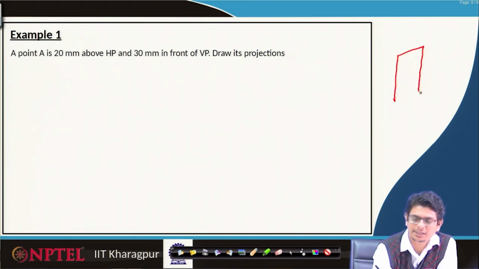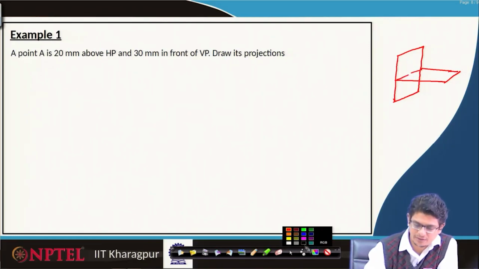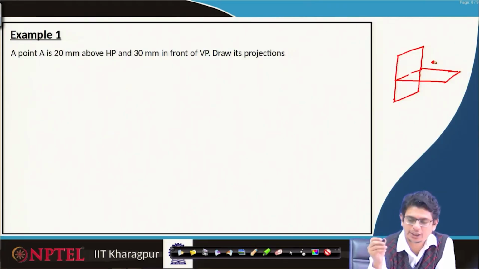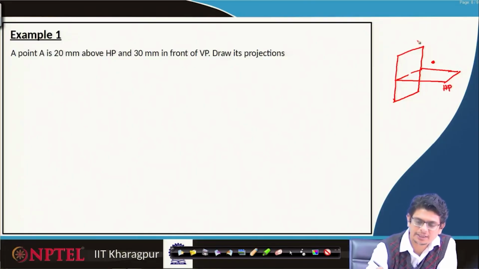Let us consider this is the vertical plane and this is the horizontal plane. If there is a point, this is the point 20 millimeters above HP. So, let us call this one horizontal plane and this one vertical plane.